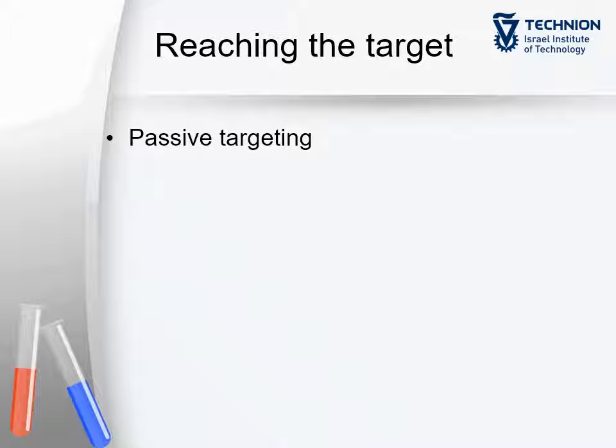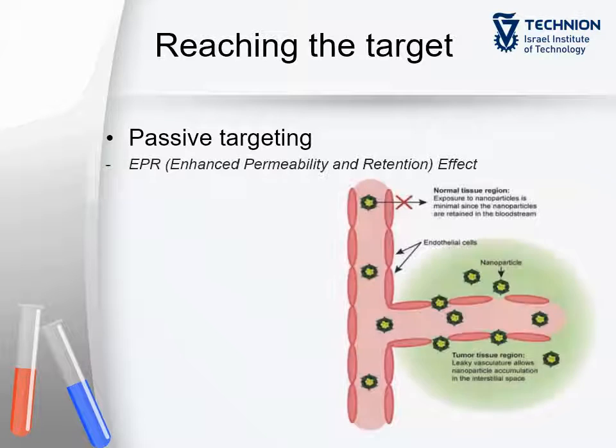In the passive targeting strategy, we make use of the enhanced permeability and retention effect, which shows that in blood vessels inside our body, within the tumor tissue region, the endothelial cells are not continuous, and therefore the nanoparticles can get out of the vessels through the nanoscale pores and carry drugs to the tumor cells.